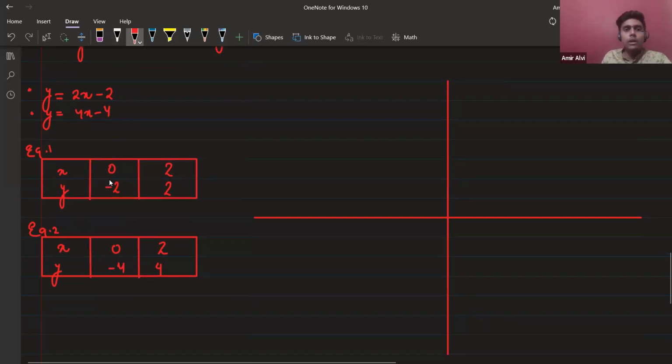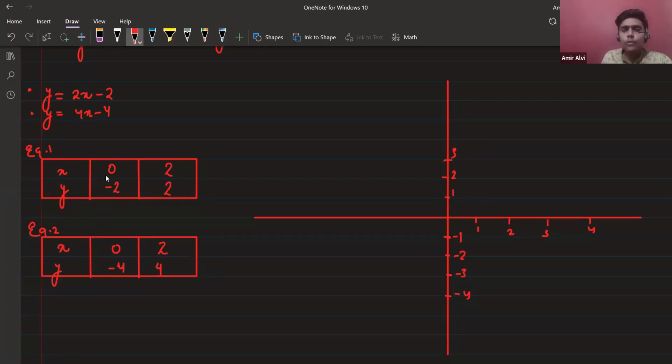First equation: the value of x is 0, the value of y is -2. Just a second, let me write it here. -1, -2, -3, 1, 2, 3, and 4. The y is -4, so I'm taking -4 here. The value of y is 2 as well. 1, 2, and 3.